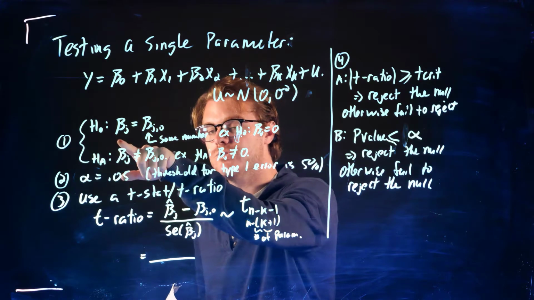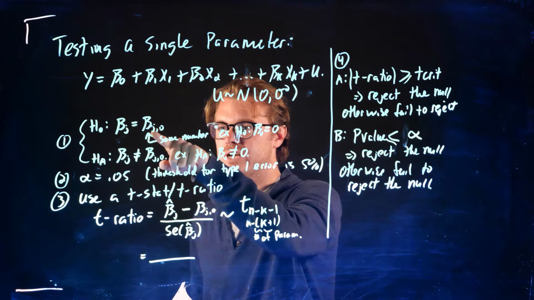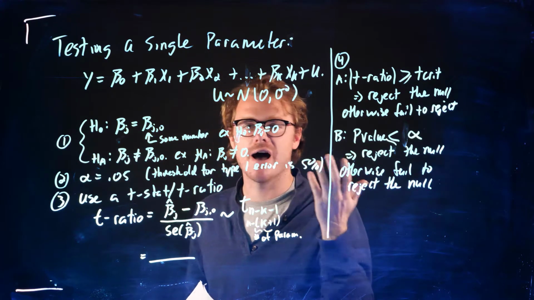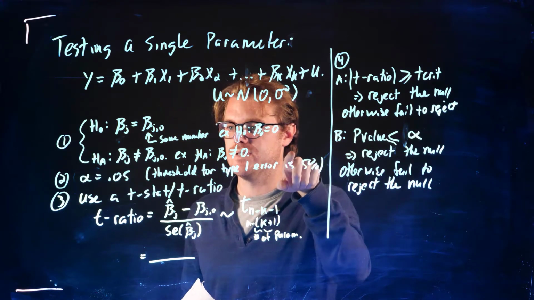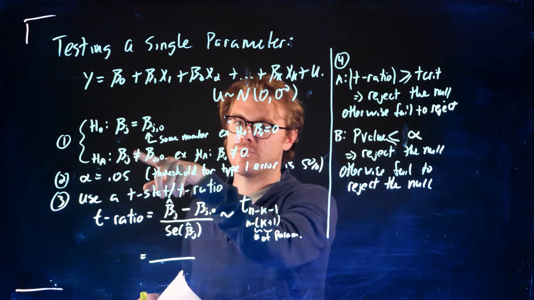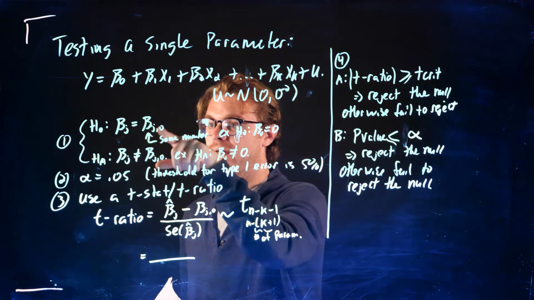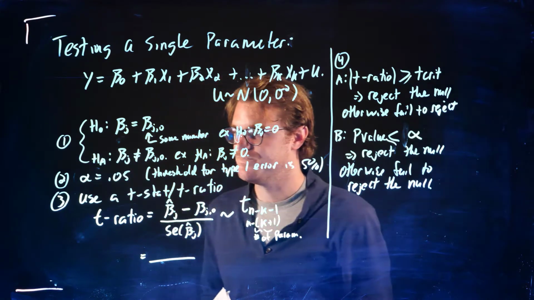This is that the true value of the parameter equals some number, which I'm denoting beta j comma 0. Example, beta j equals 0. The alternative, we're going to concentrate on 2 ways. What happens when this doesn't hold? Well, that means beta j doesn't equal this number.